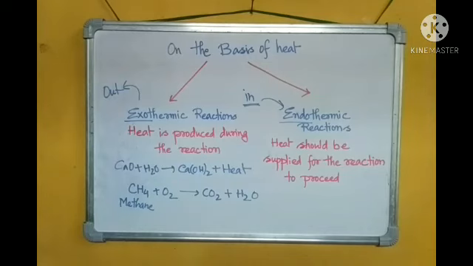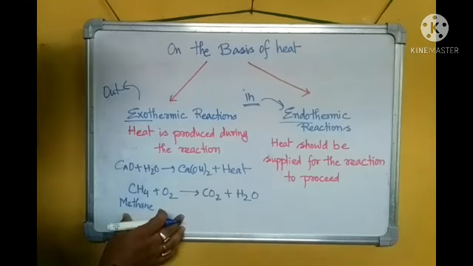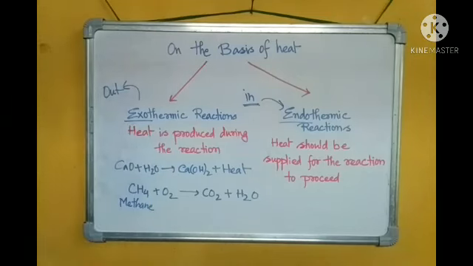When you burn anything, like wood or paper, it gives us heat. So when we burn methane, heat is also generated. This is also an example of an exothermic reaction.